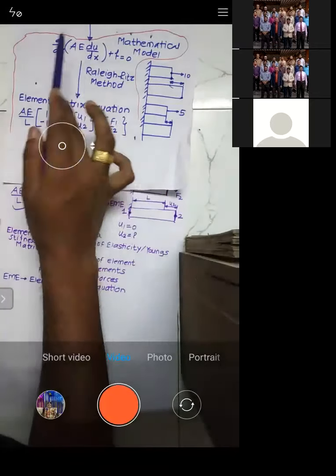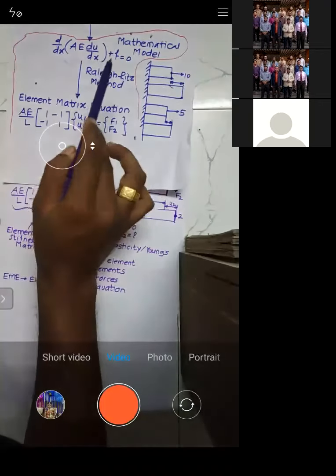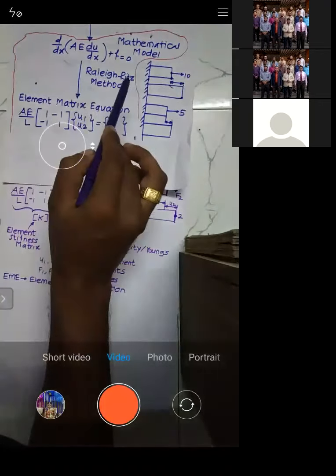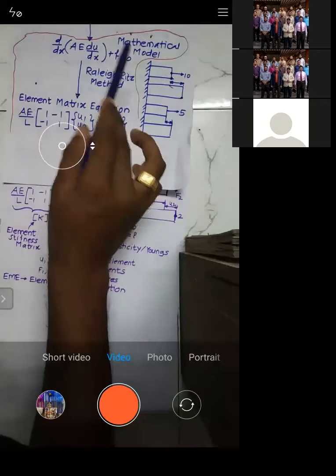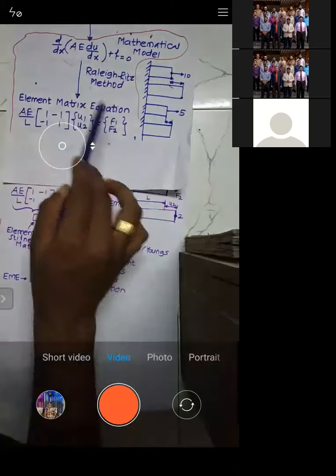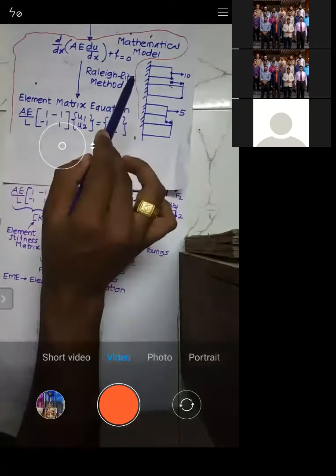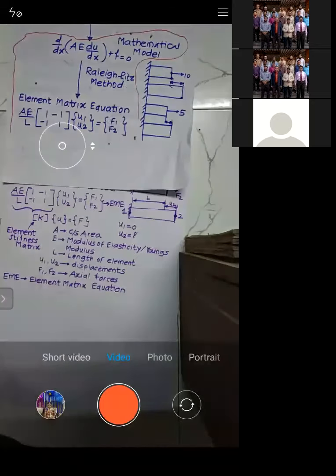But in this equation we are not able to put the values, so we are going to solve it by using the Rayleigh-Ritz method, and we end up with this element matrix equation. How to solve that using the Rayleigh-Ritz method, we are going to see in the next chapter.